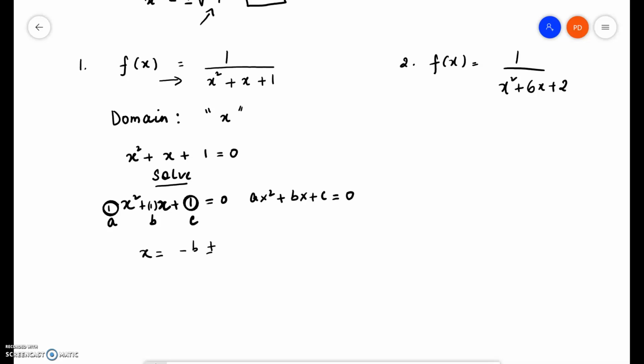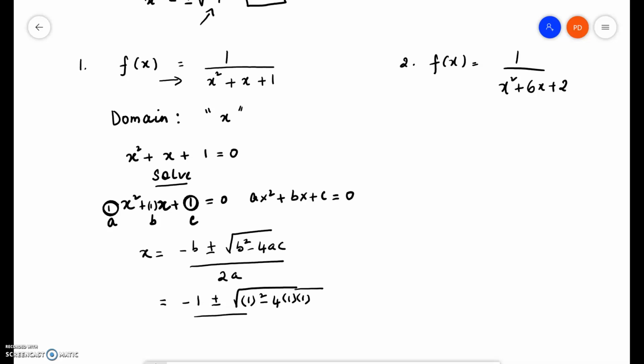Minus b plus or minus the square root of b squared minus 4ac divided by 2a. So we plug in the numbers 1 for a, 1 for b, and 1 for c, divided by 2a.